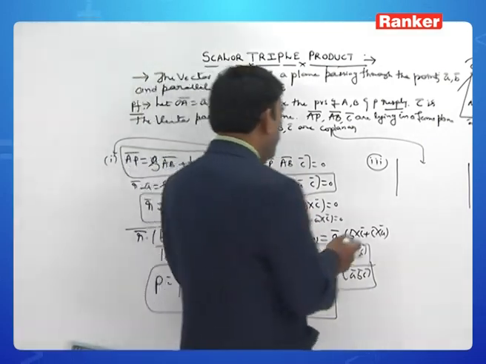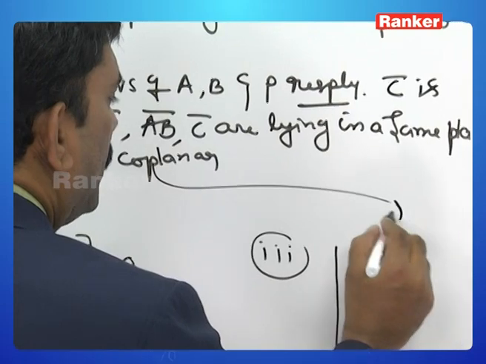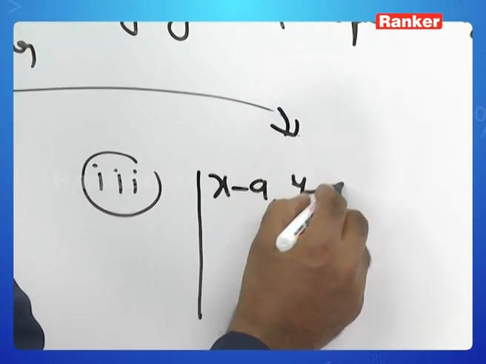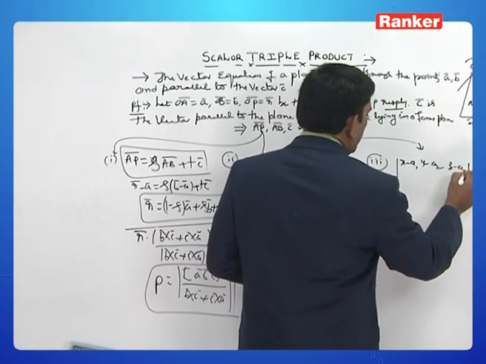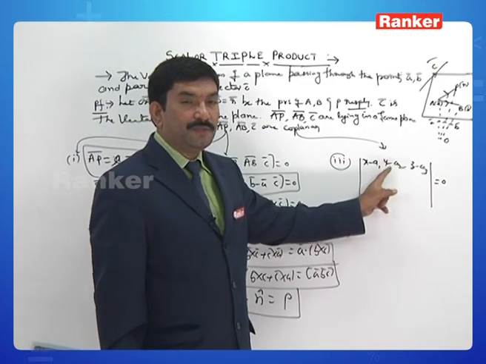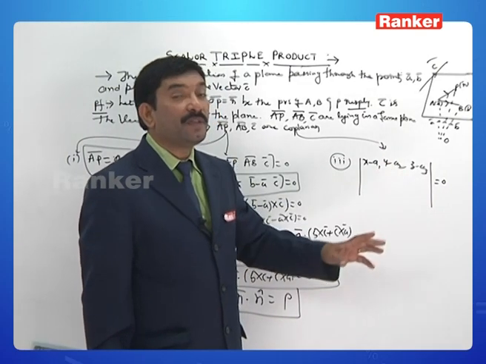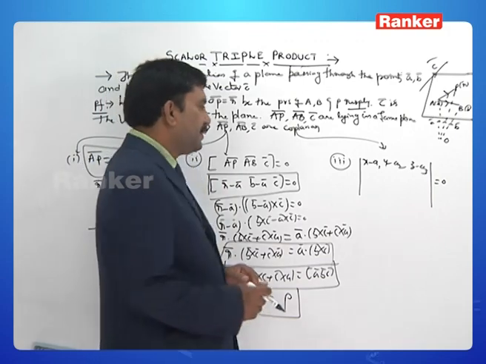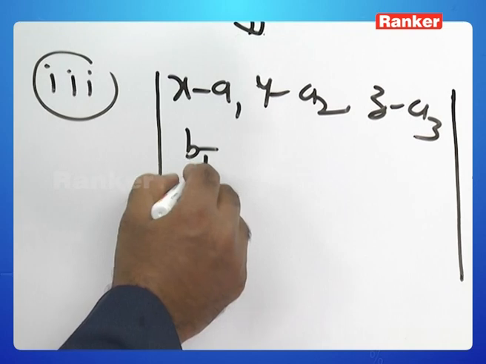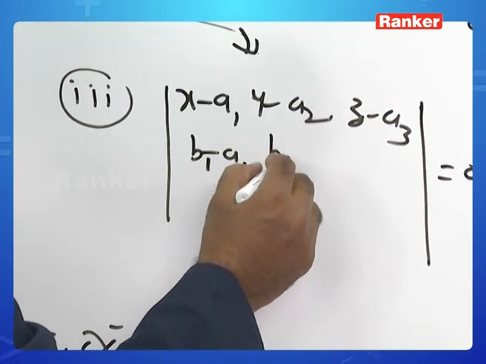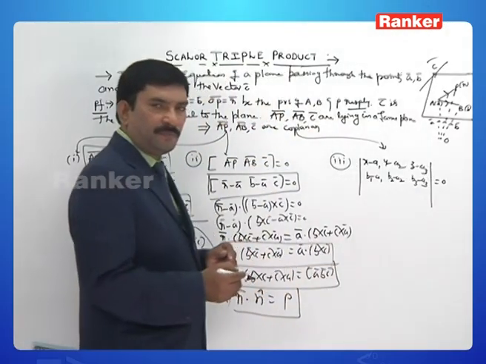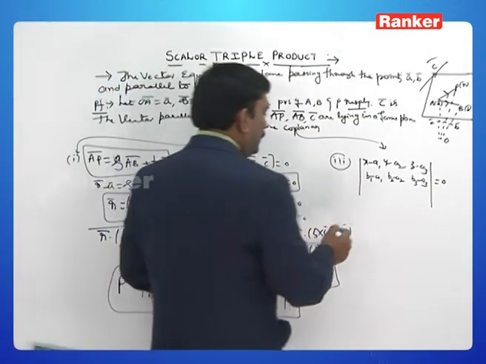So therefore, AP bar is nothing but, look here, R bar minus A bar: X minus A1, Y minus A2, Z minus A3, that is X minus A1 into i plus Y minus A2 into j plus Z minus A3 into k. Next, now AB bar, OB minus OA: B1 minus A1 into i, B2 minus A2 into j, B3 minus A3 into k.